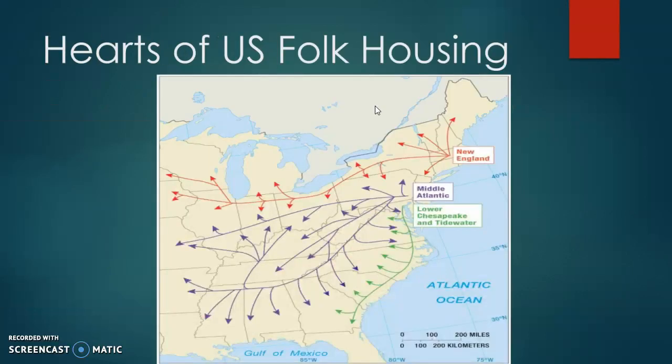Moving on to the heart of U.S. folk housing, when you see the spread of particular housing ideas or styles from New England, this is where you're going to see them spread. So we would see more New England-based folk housing in Wisconsin. Mid-Atlantic, Lower Chesapeake, and Tidewater folk housing styles would be more along this East Coast.